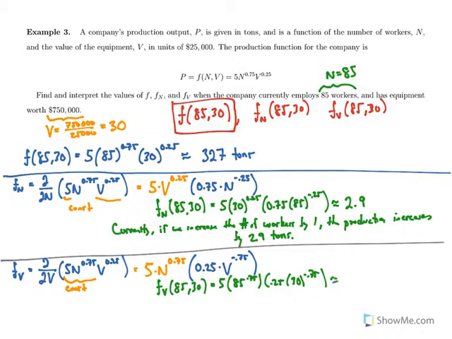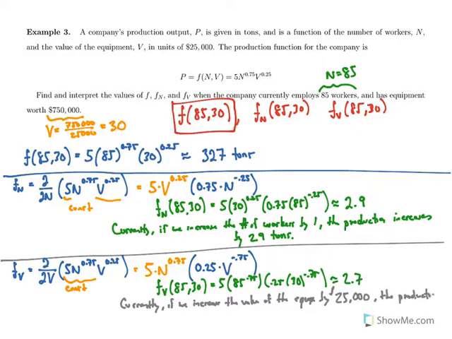which is about 2.7. So what this means is, again, currently, if we increase the value of the equipment by 1 unit of V, so that's by $25,000, the production increases by 2.7 tons.